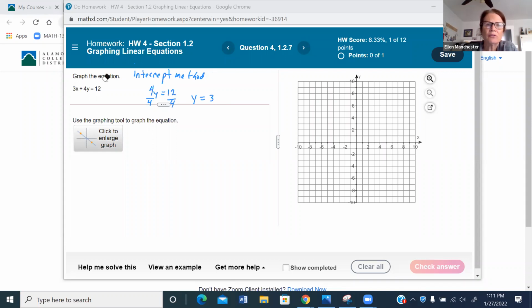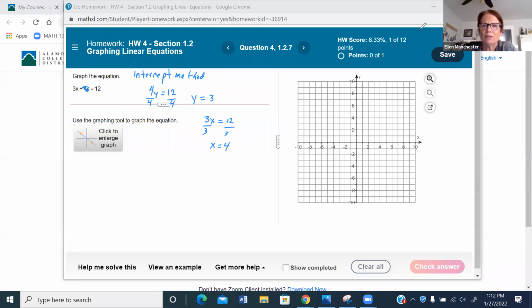To get the x-intercept, I cover up the y term, and what's left is 3x equals 12. Again, a one-step equation, basic algebra. 12 divided by 3 is 4. So now I have my two intercepts: a y-intercept of 3 and an x-intercept of 4.